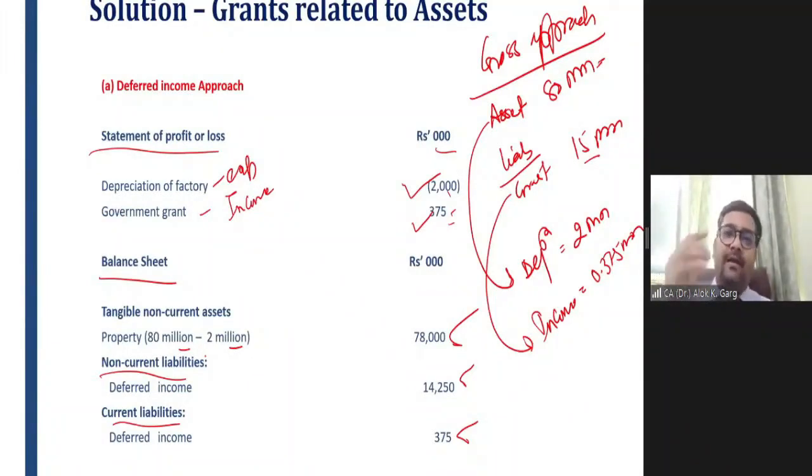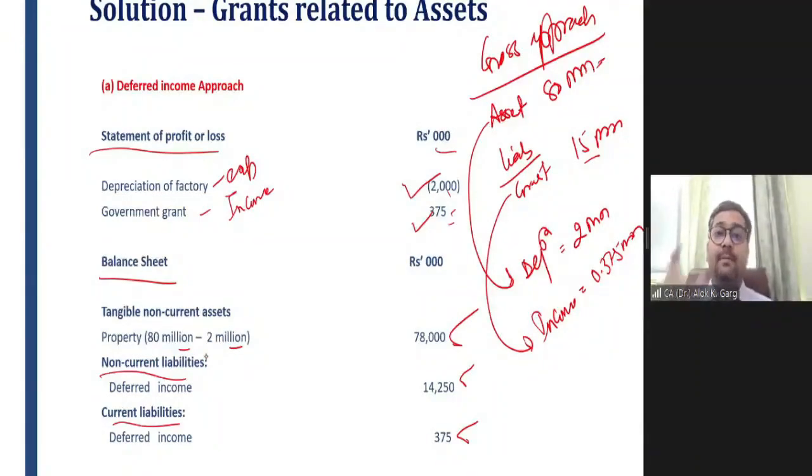The remaining grant, 15 minus 3,75,000: the amount which can be adjusted within 1 year has to be shown as a current liability. The amount which has to be adjusted in the next 38 years, since 1 year has gone, is shown as a non-current liability. I hope it is clear to everyone.